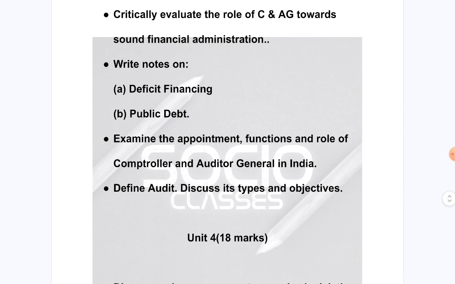Critically evaluate the role of CAG towards sound financial administration. Write notes on deficit financing, public debt. Examine the appointment, functions and role of Comptroller and Auditor General in India. Define audit, discuss its types and objectives.